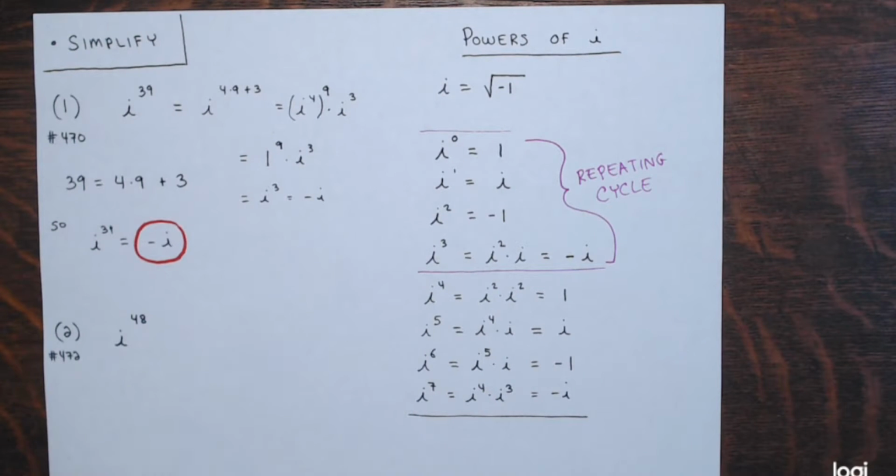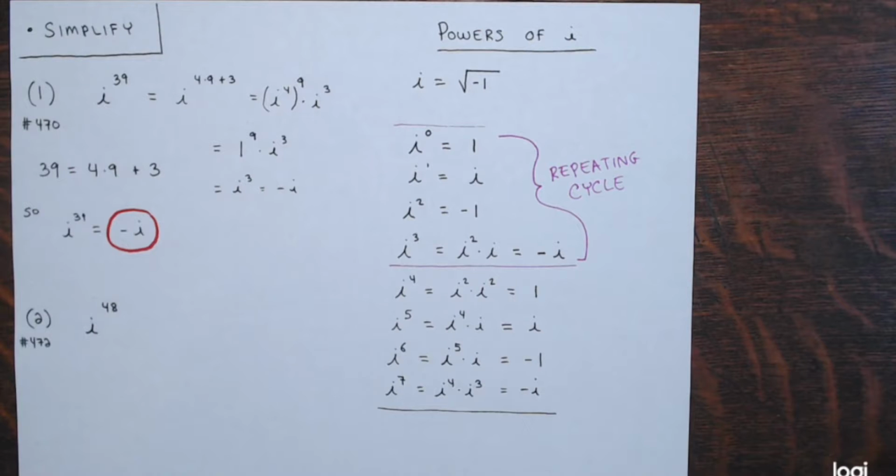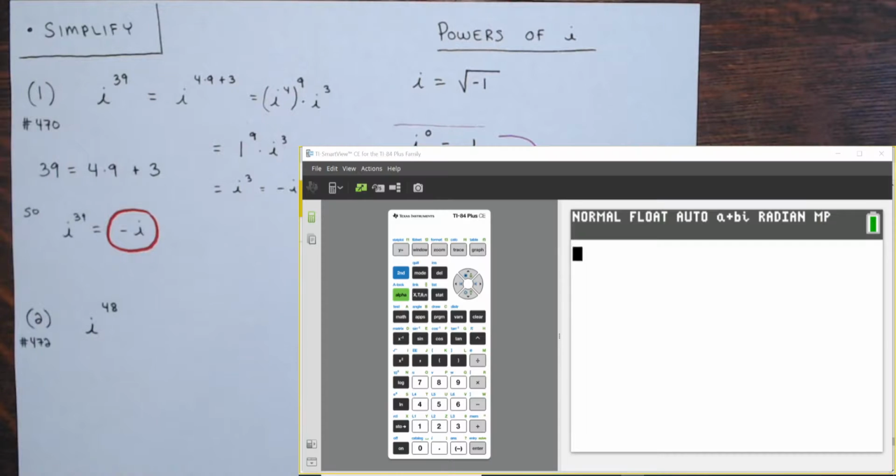Alright, now I would also like to double check this. I'll use a calculator. You've seen me do this in previous videos. I have a TI-84 Plus emulator that I'm pulling up here. Now notice on the top of the calculation screen it says normal, float, auto, and then you have a plus bi.